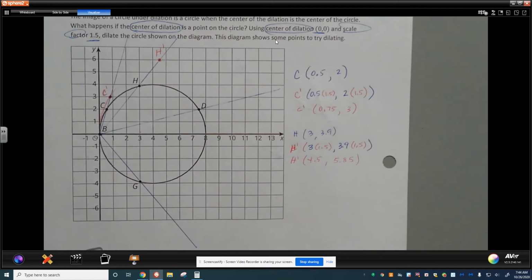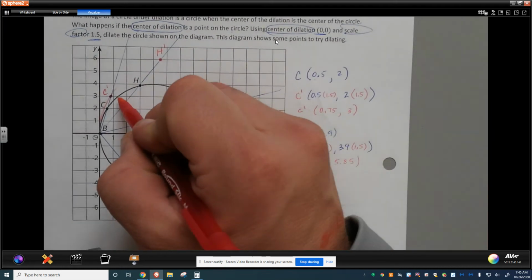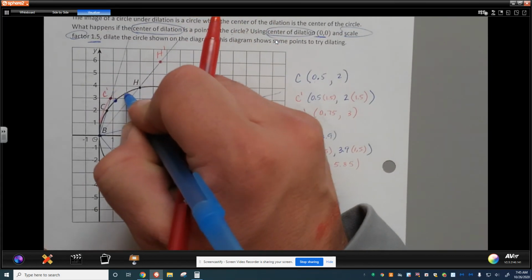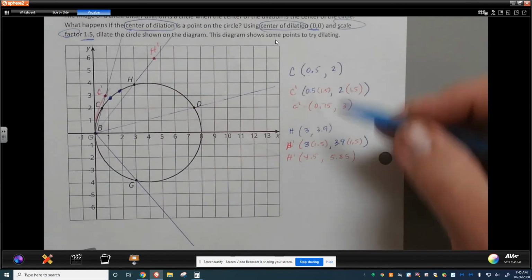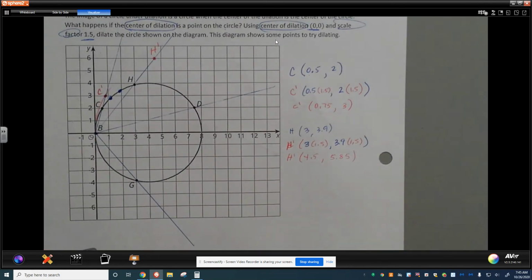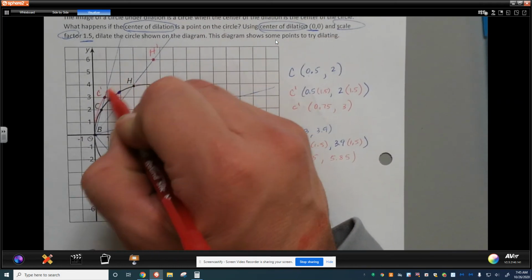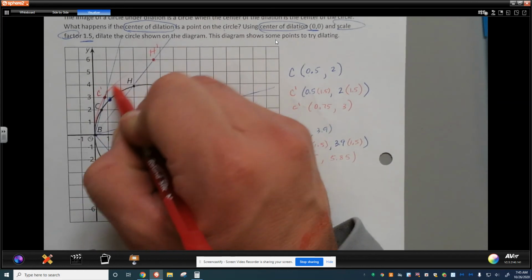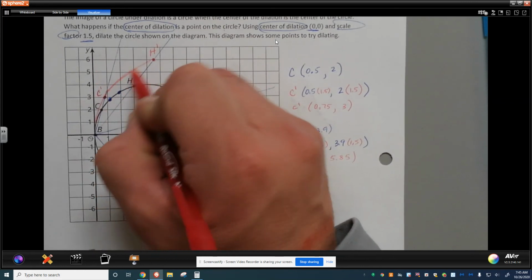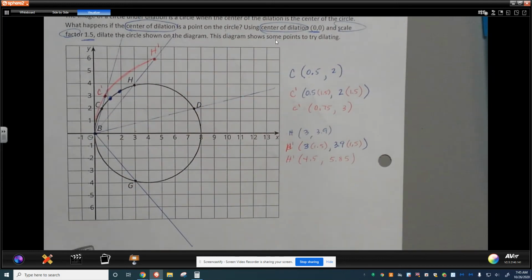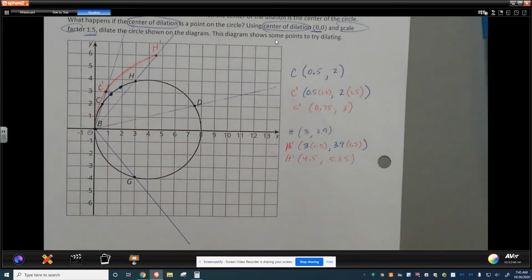And so what we would need to do is identify several more points along the original shape and continue to do the same process that we've been doing here to be able to get a nice dilated curved figure that's going to help us to actually see this arc become the exact same as what it was in the original. So curved figures, a little bit more challenging, not impossible. All it takes is a lot more points to be able to make sure we get a nice dilation done.